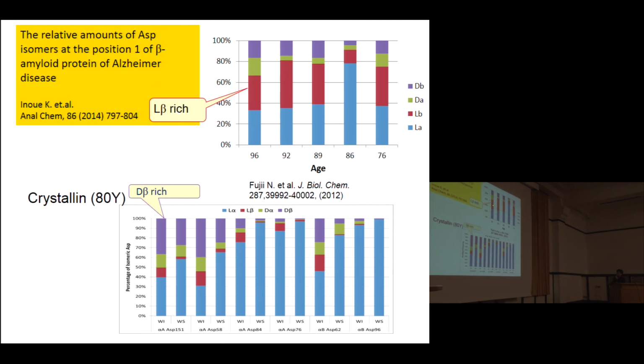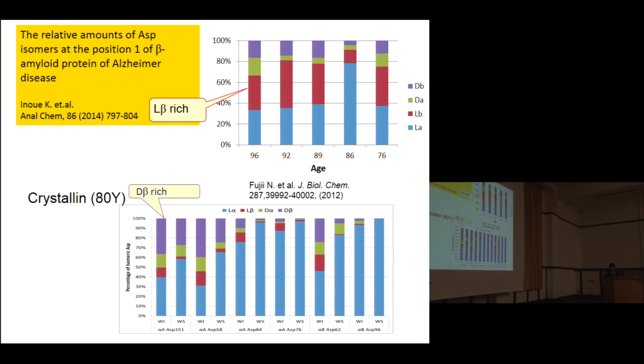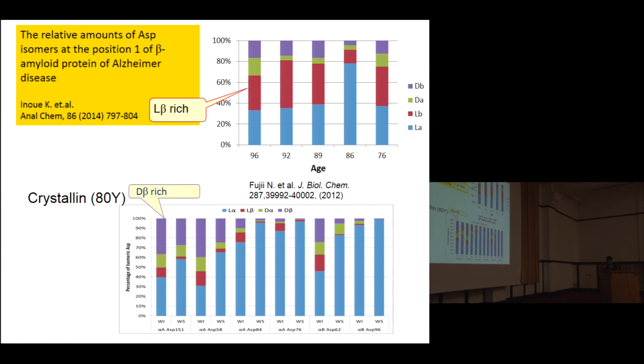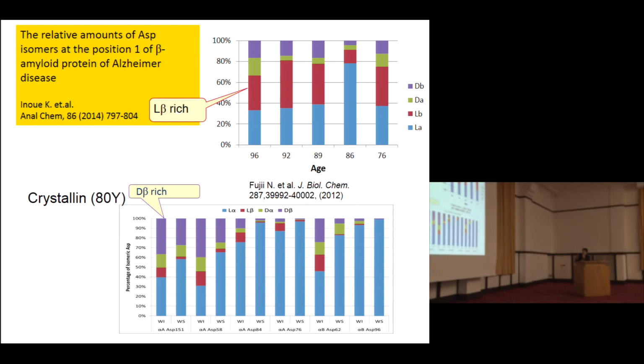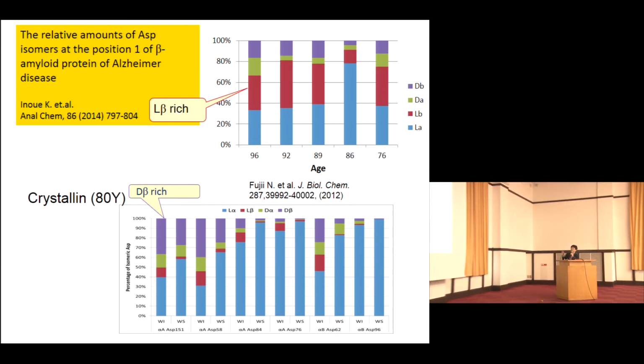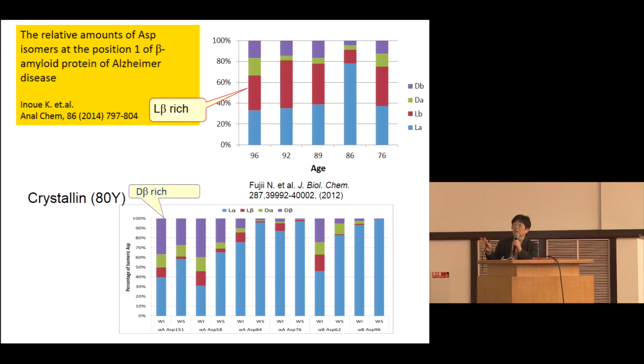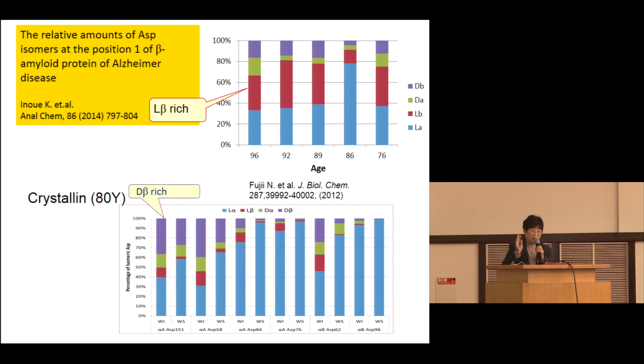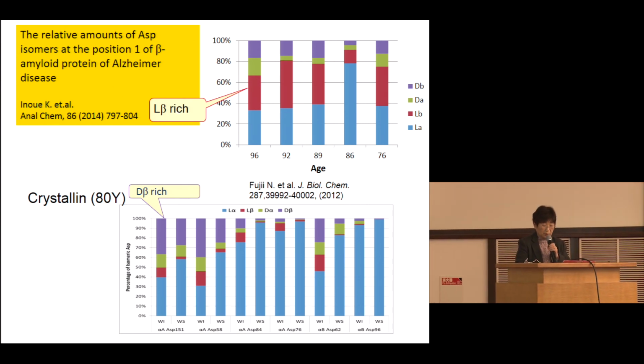In this case, among the abnormal isomers, L-beta is predominant. But in the case of crystalline, D-beta aspartic acid is dominant, maybe because the surrounding structure of the ASP residues is different between crystalline and A-beta protein.